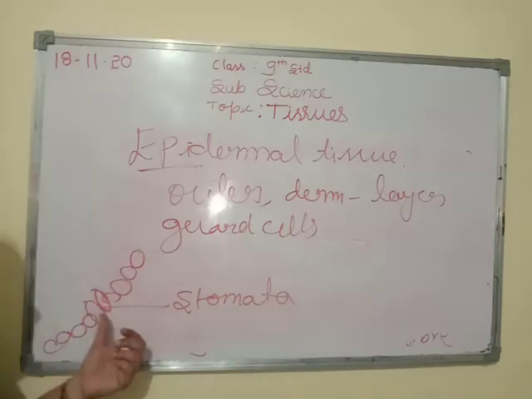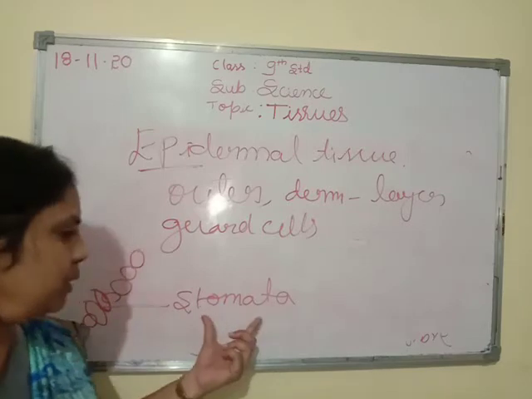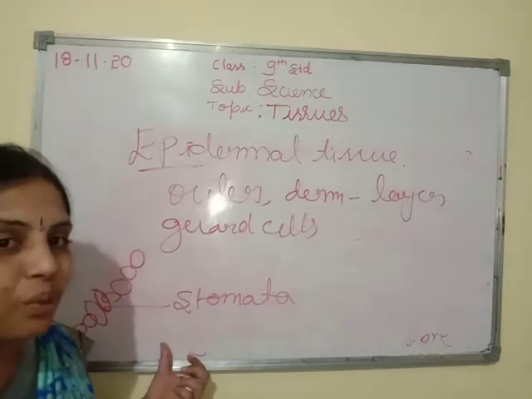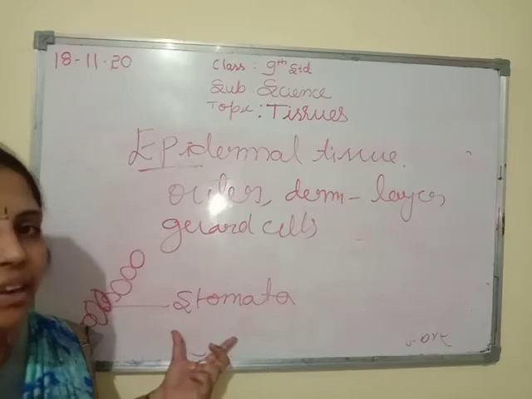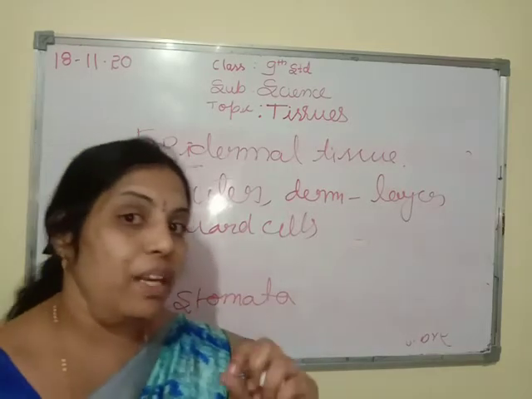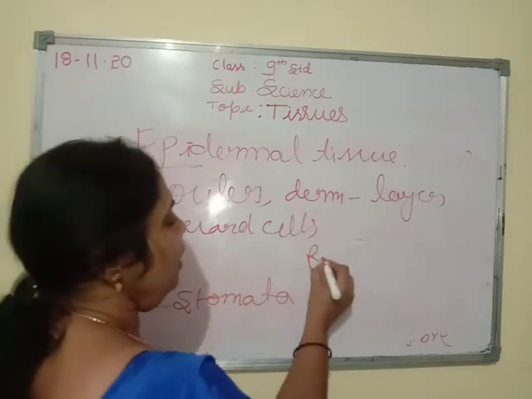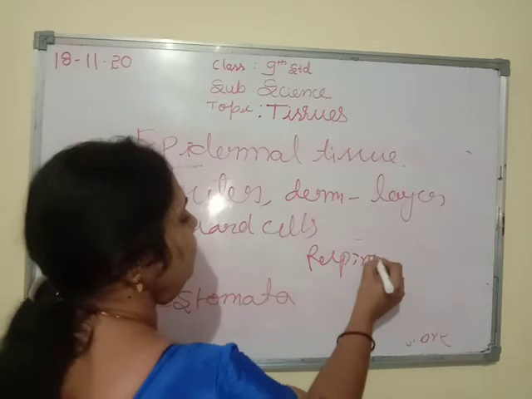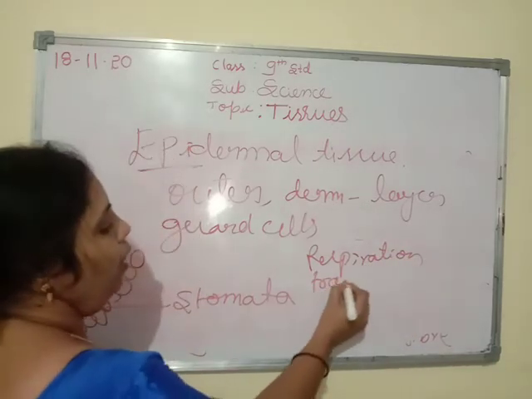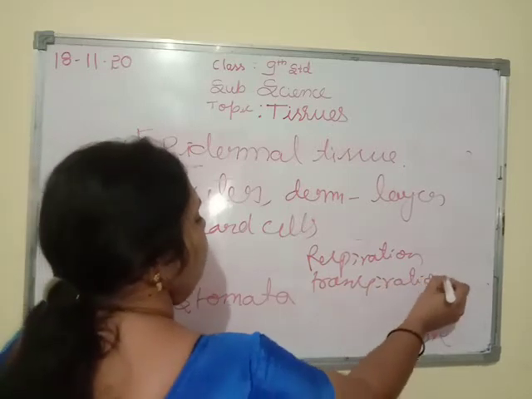What is it called? Stomata. Do you know about this? Stomata is a tiny pore present in the plant for the sake of respiration as well as transpiration. This stomata helps in respiration in plants and also in transpiration.